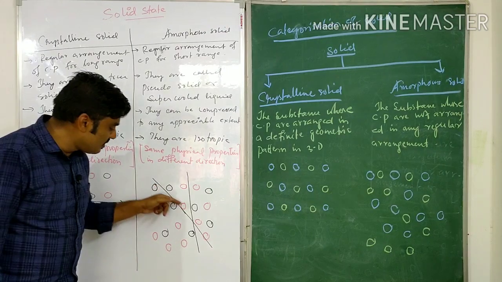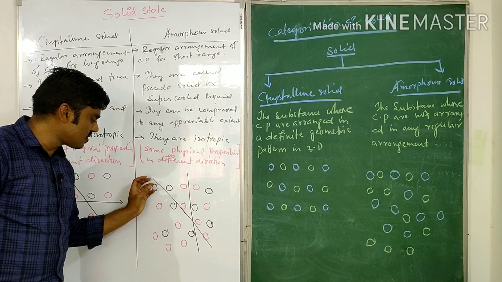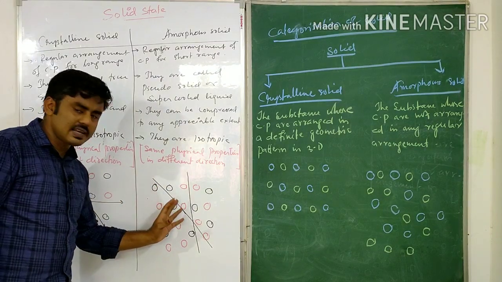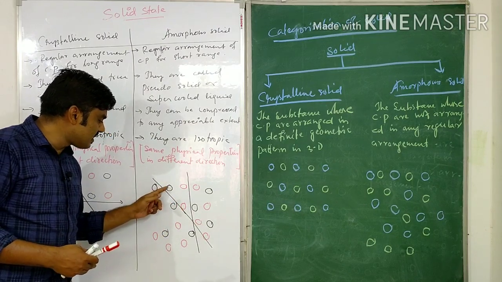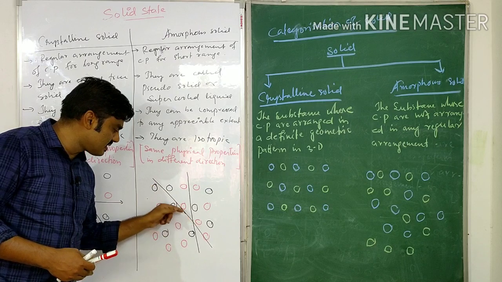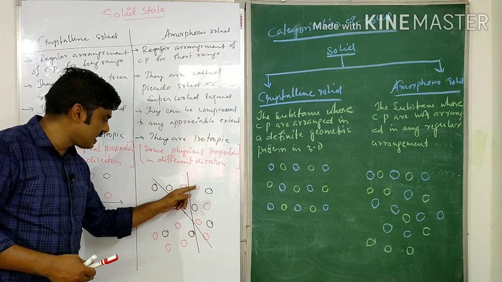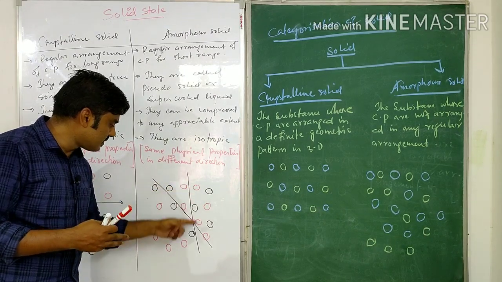So what result will you get? Because here the pattern is not the same all over, the atoms are randomly arranged. So whatever result you get in this direction will be the same in another direction, because the atoms are not arranged in a pattern.